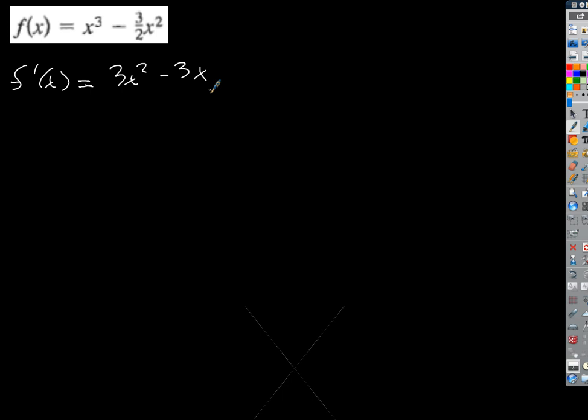So why don't we go ahead and find our critical numbers while we're at it? Maybe our critical numbers over here. So let's find, are there any critical numbers where that derivative is undefined? No, it's a polynomial, so we're fine there, right?